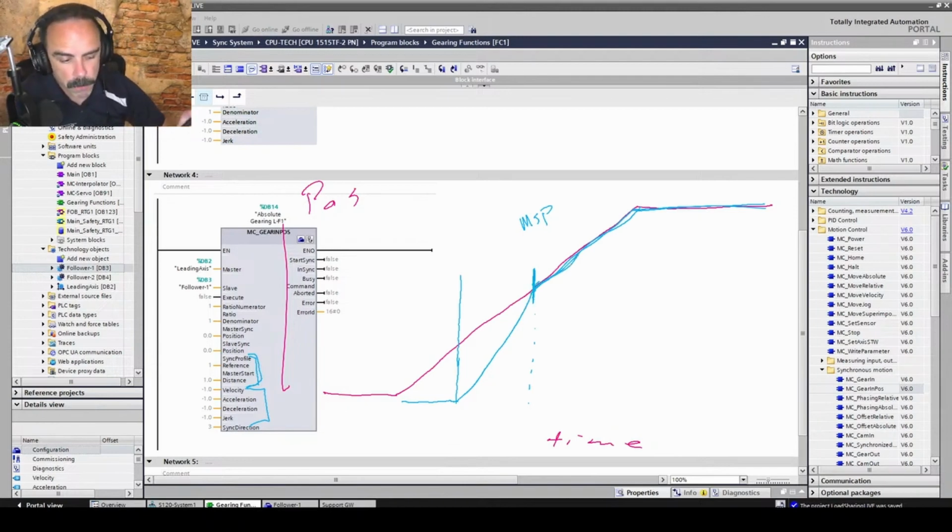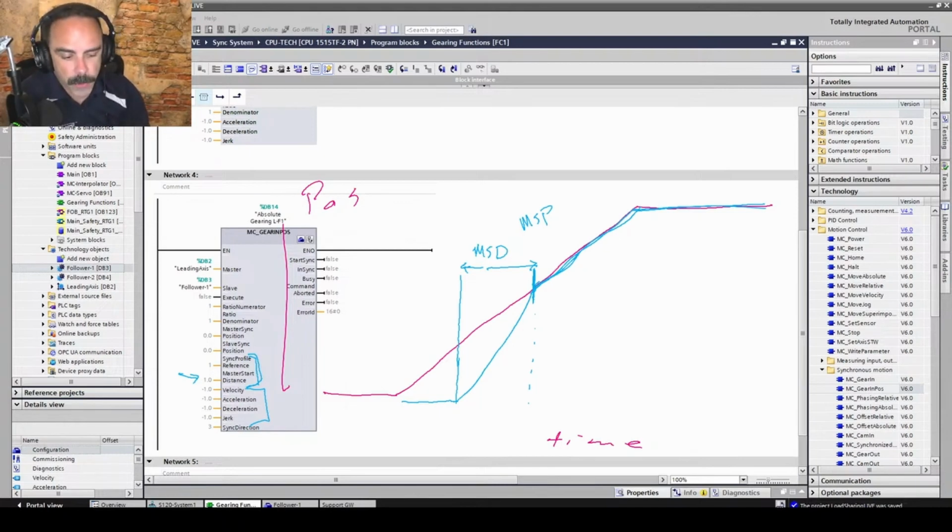That is what the master start distance is, this distance here.